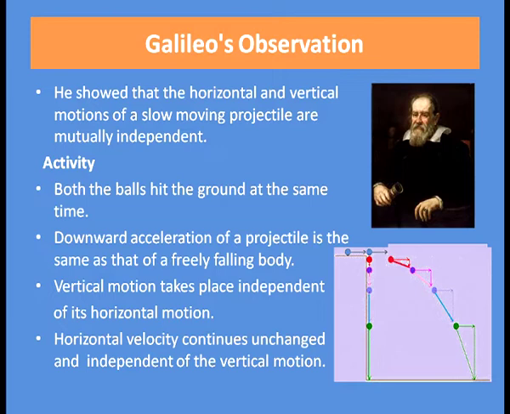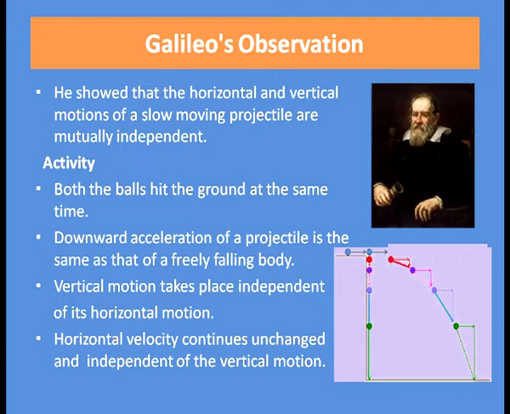The first breakthrough in the description of projectile motion was given by Galileo. He showed that the horizontal and vertical motion of a slow moving projectile are mutually independent. To understand this, let us do an activity. Take two balls. One ball is dropped vertically downward and another ball is thrown in the horizontal direction.